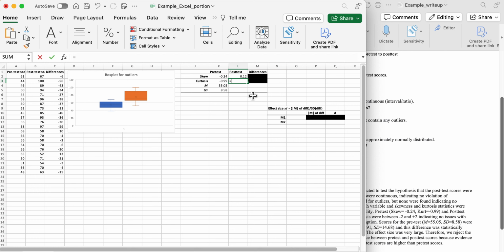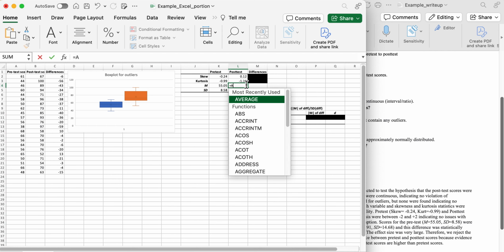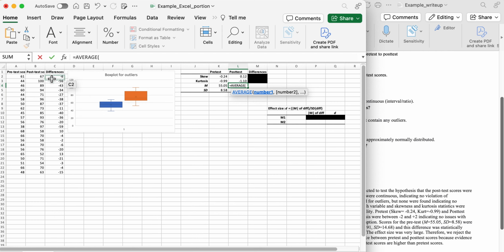So I'm going to do this really quickly without too much chatter. And now for the differences, I don't really need these on the differences.